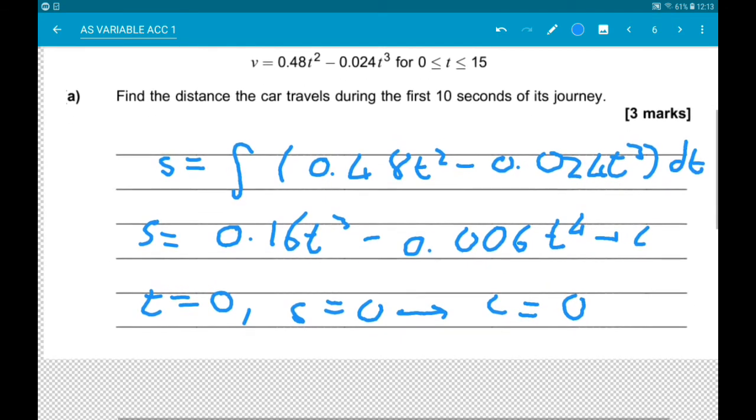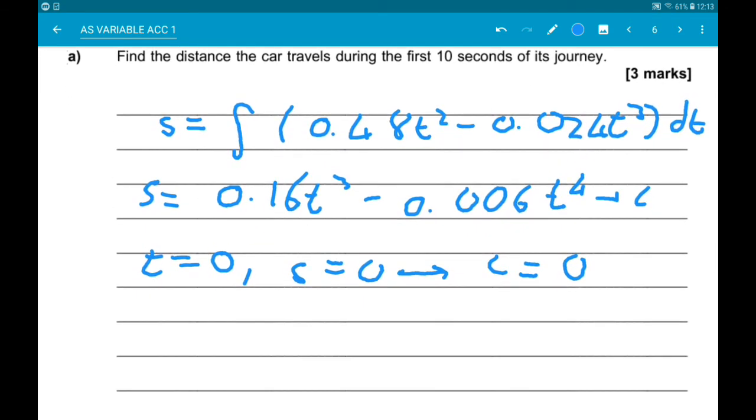So, displacement is just 0.16 t cubed minus 0.006 t to the power 4.